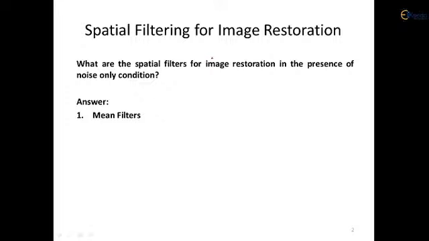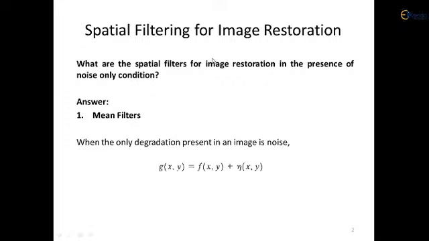Just focus on the mathematical expression where we intended to see the characteristics of the resultant images after degradation. Those are represented in the spatial domain by g as a function of x comma y, and in the frequency domain denoted by capital G as a function of u comma v.